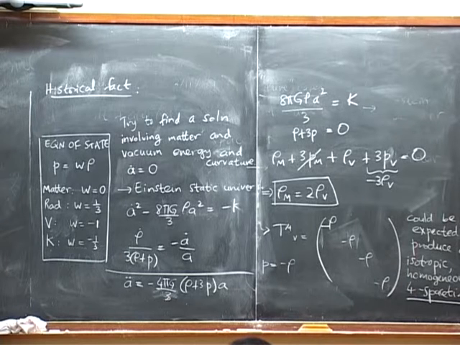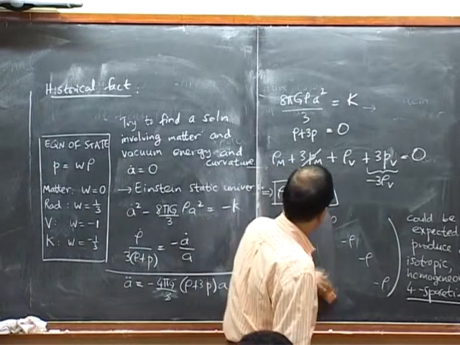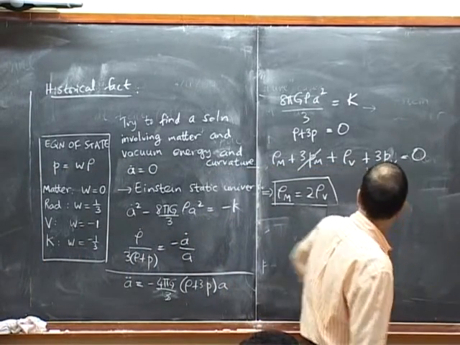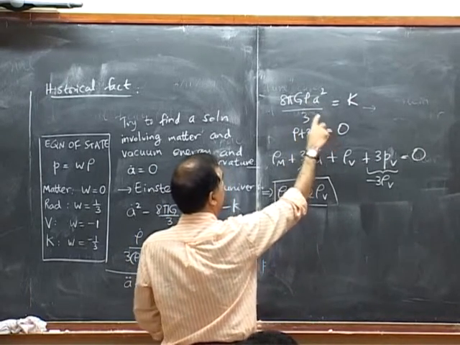okay, actually this is all because the other equation just determines K. Right. And this one is rho matter plus rho vacuum.